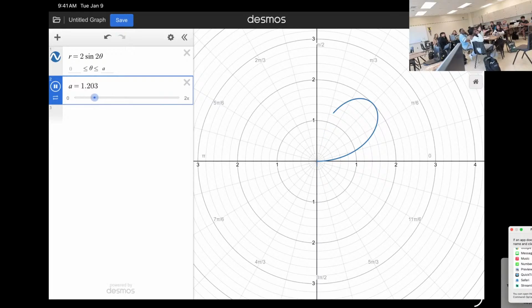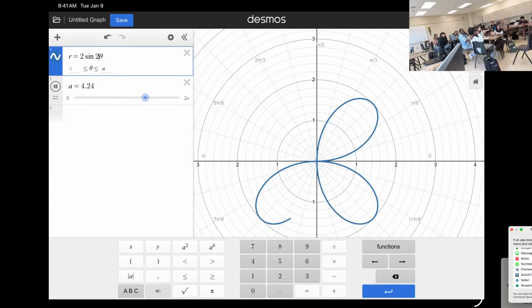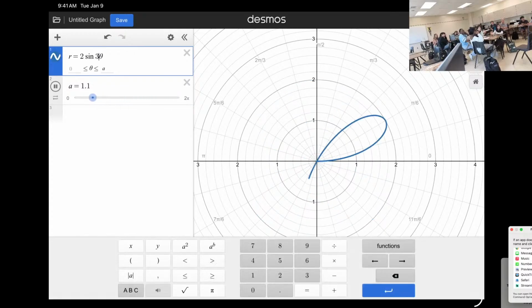If it's 2 theta, you get 4 paddles. If it's 3 theta, what is it? If it's 3, then it's gonna be. Well, actually, you're not wrong. Why are you not wrong? They basically draw the same paddle twice because they're on top of one another.